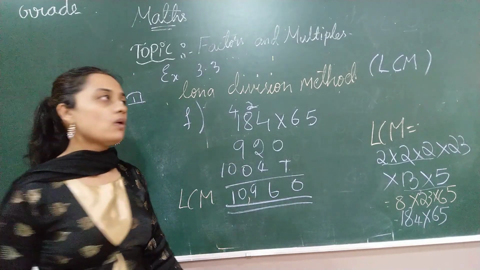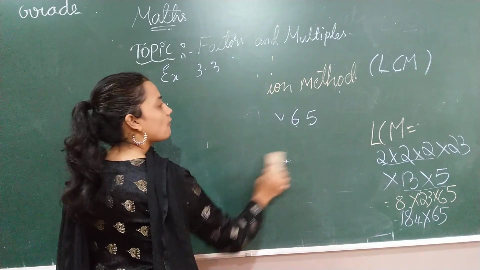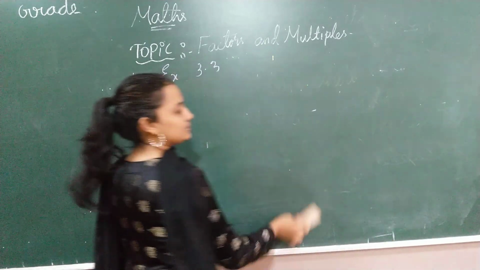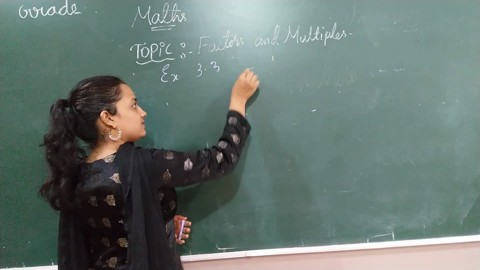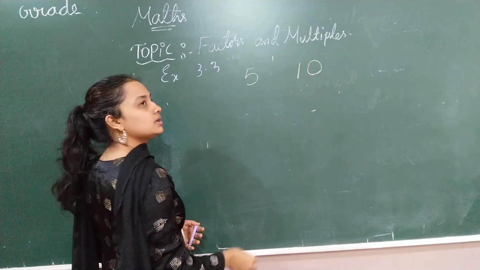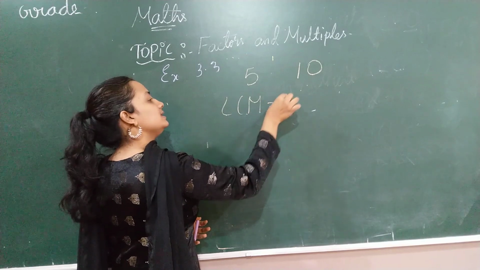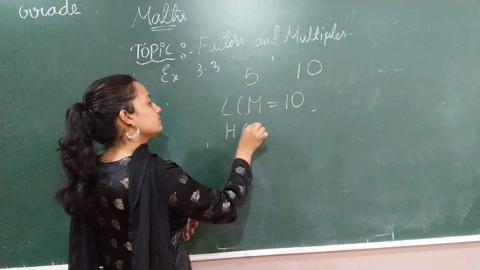Now we will go for one more important concept of this lesson and also the last concept. That is, if two numbers are given, you can find the LCM of it. So the least common multiple is 10. You can find the HCF of it.